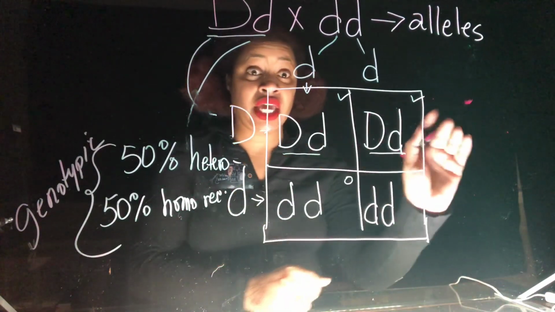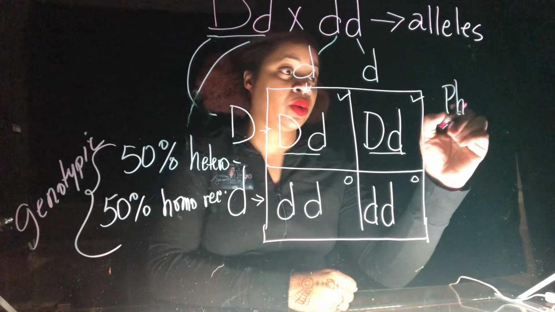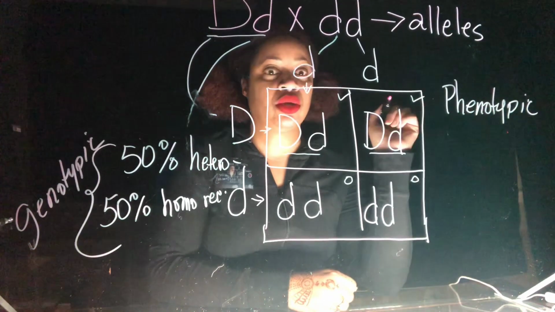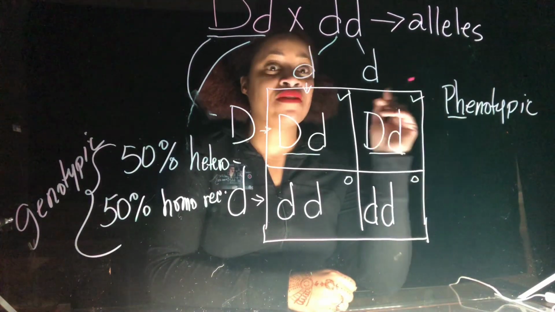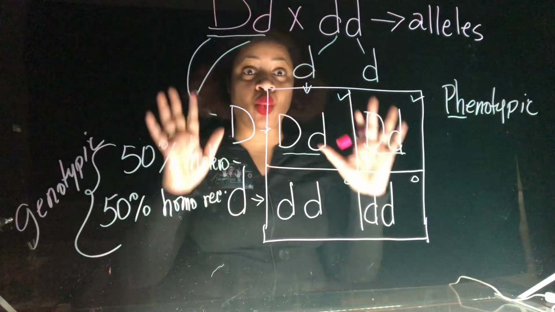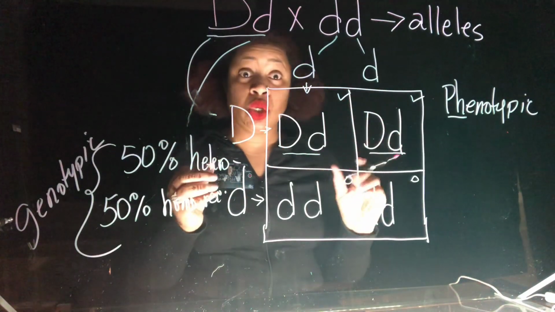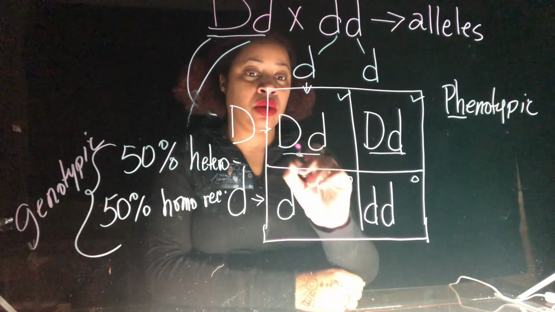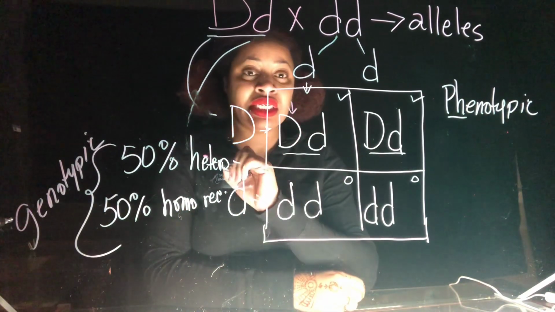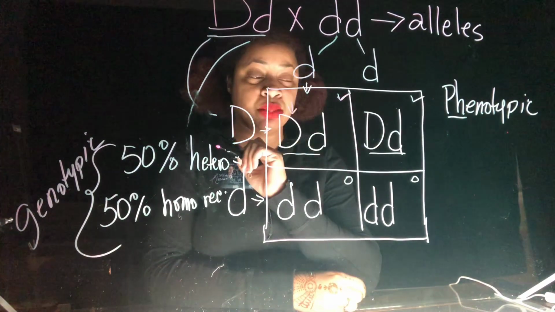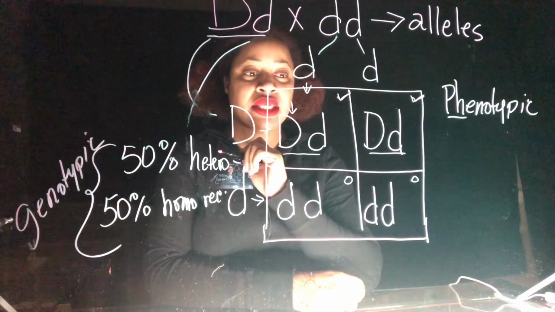Now, what if they ask you for the phenotypic ratio? Pheno, physical. Now, what do these kids look like? What do you see? Do you see dimples or not? Well, I know this D is dominant for dimples, which means this baby has dimples and this baby has dimples.